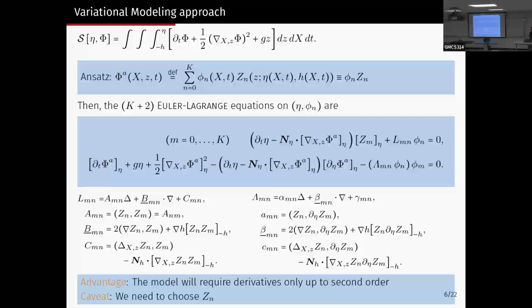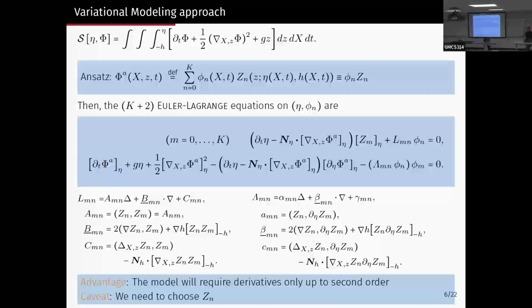The difficulty with this approach is that we have to choose Zn. We have to choose a nice form that will give a good model, which is not a priori known. The good thing is that in our model, whatever Z we choose that depends on eta and h, our model will have second order derivatives at most.